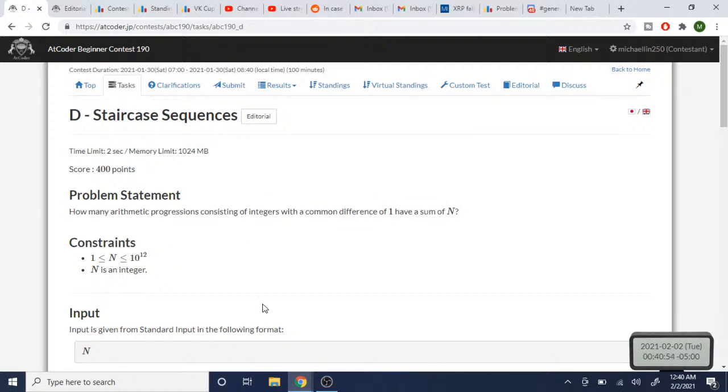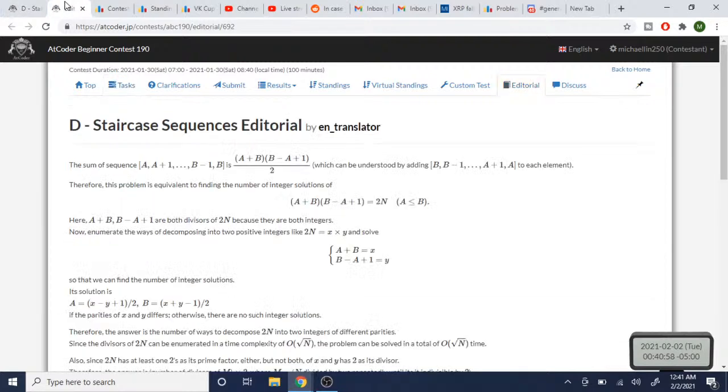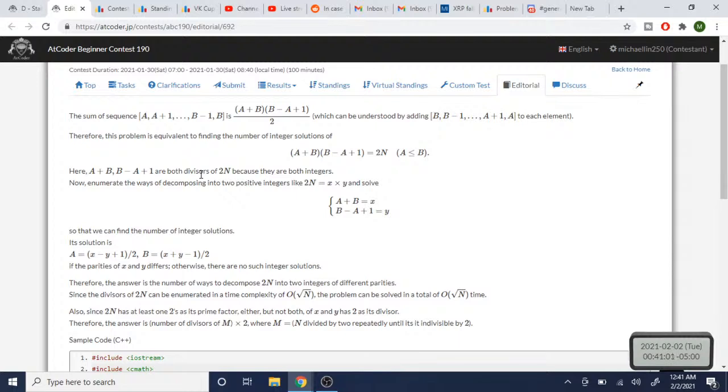How many arithmetic progressions consisting of integers with a common difference of 1 have a sum of n? Here, the sum of the sequence from a to b is (a plus b) times (b minus a plus 1) over 2. The problem is equivalent to finding the number of integer solutions of (a plus b) times (b minus a plus 1) equal to 2n. Sure, if this equation is correct, then you set it equal to 2n and find this.